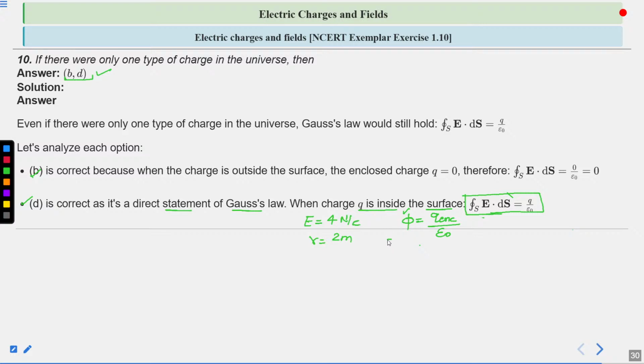What is the value of phi? And here we consider the angle to be 0 degree. Find out the value of phi.